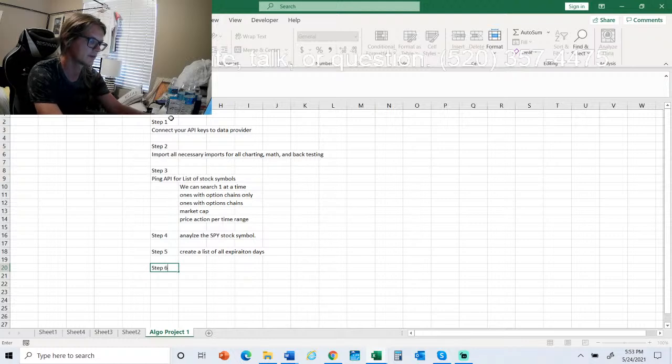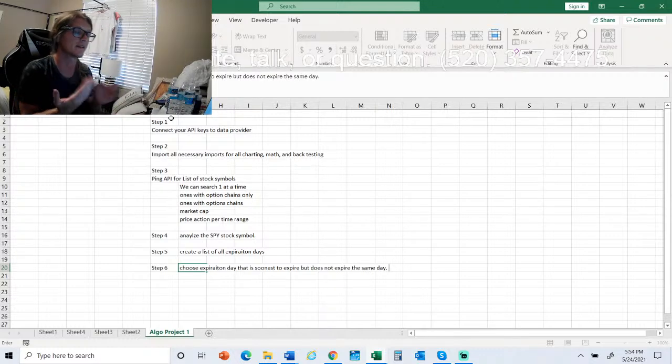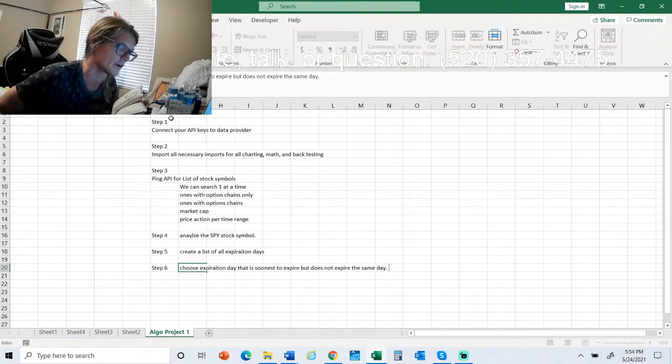Step 6. Choose the expiration day that is soonest to expire but does not expire the same day. So basically it's got to have at least one more day open for us to trade it.